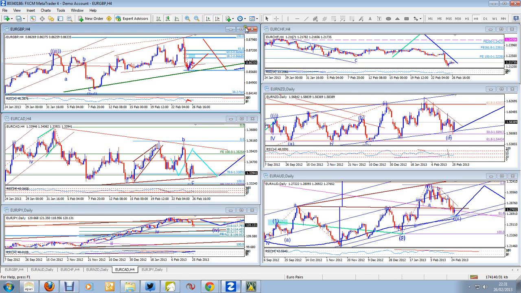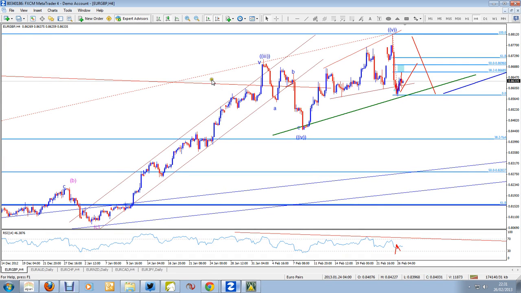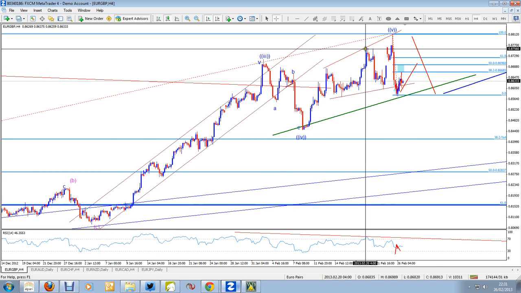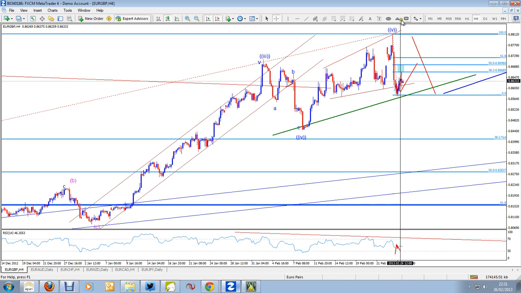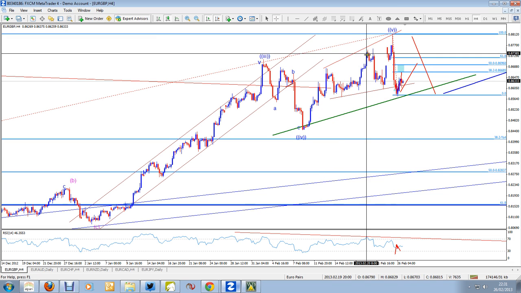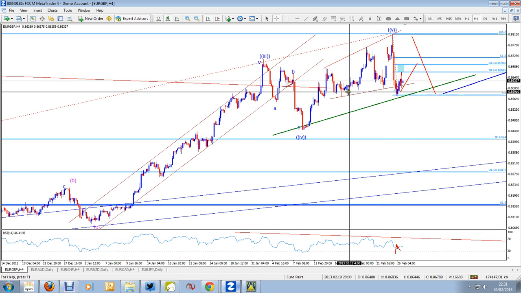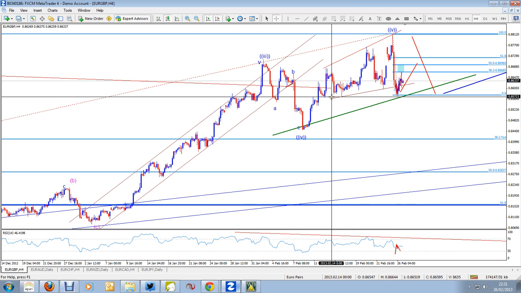So the first chart we're looking at is the euro pound. We looked at it yesterday and we concluded that we've had this 5-wave cycle complete here, and the final wave was wave 1, wave 2, wave 3, wave 4 and wave 5, like an expanding megaphone pattern.